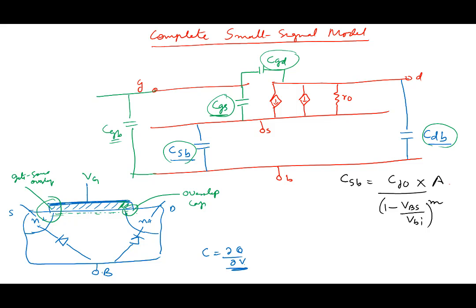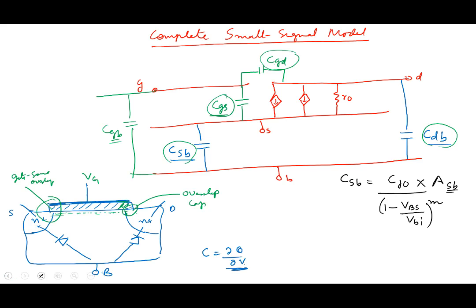The area term has to be the source body area here. So it's like a PN junction capacitance. Drain to body is also like that. Drain to body is also CJ0, divided by 1 minus VBD by VBI to the power M, times the drain area.